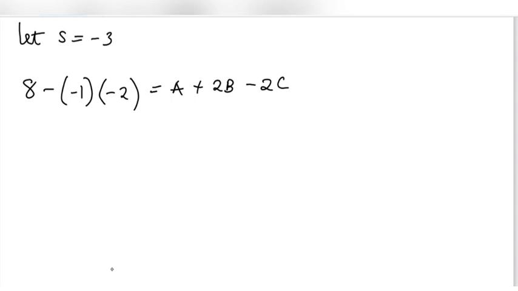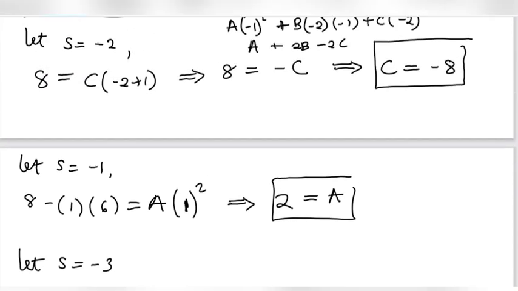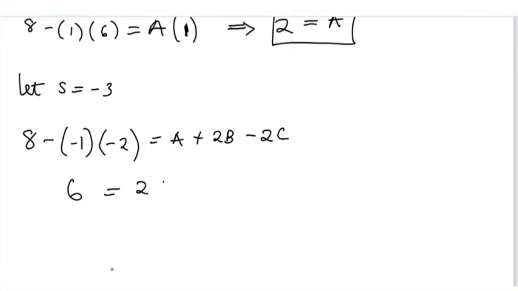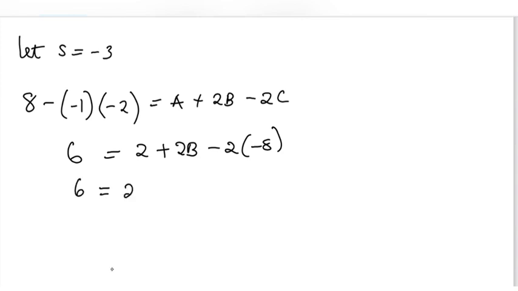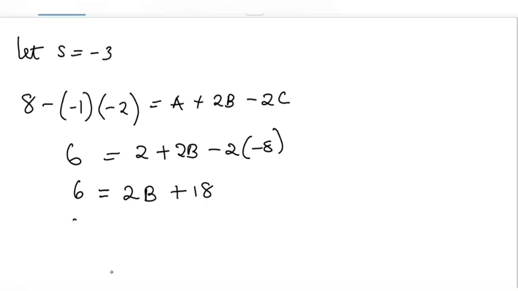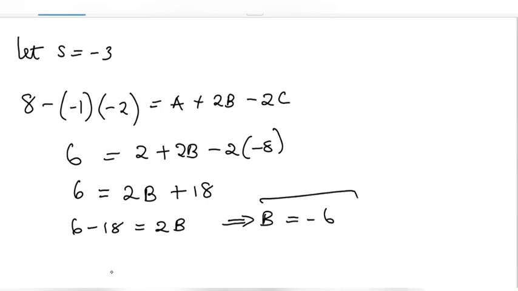What we have on the left is negative times negative, which is positive, so this is 6. 8 minus 2 equals, our A is 2 and our C is -8, so this is 2 plus 2B minus 2 times -8. This is 6 equals 2B plus 16 plus 2, that is 18. That simply means 6 minus 18 equals 2B, which implies that B is equal to -6.